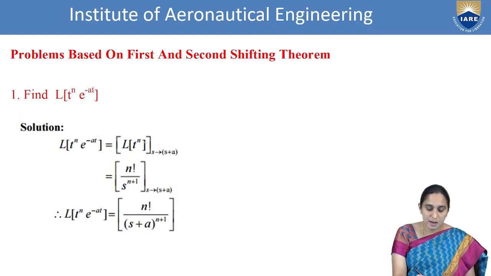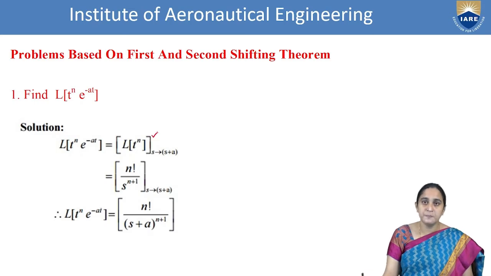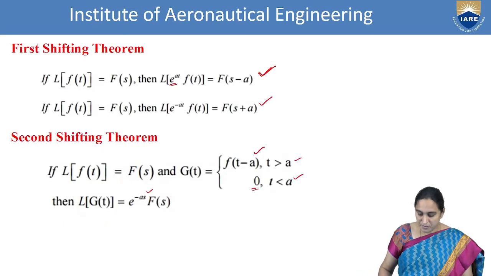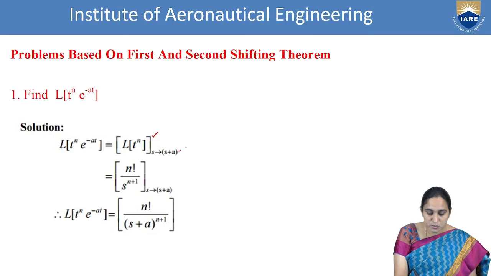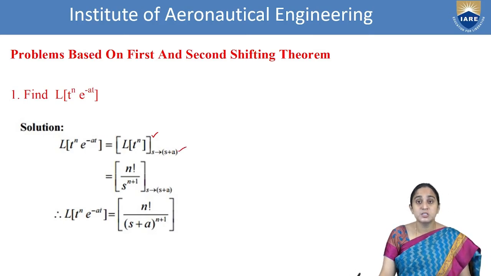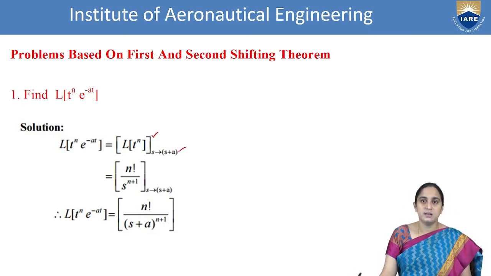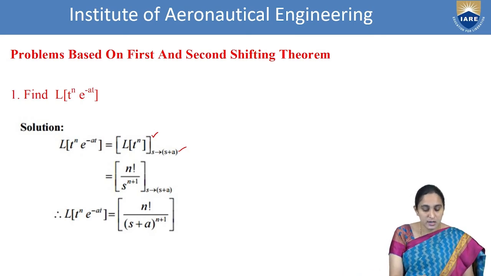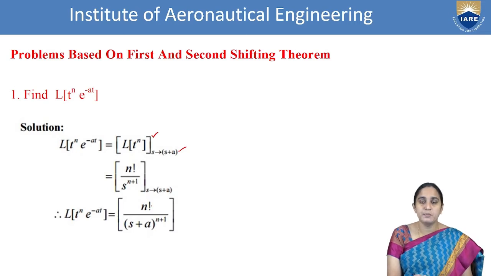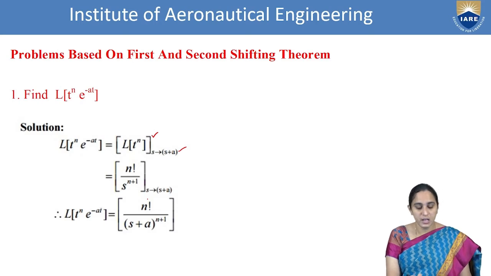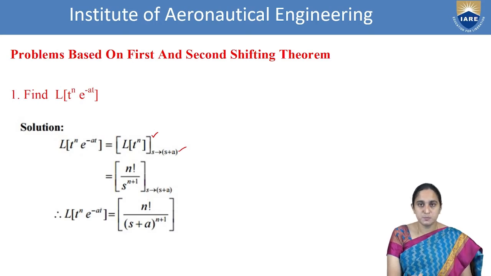In Laplace of t power n, s changes to what? S changes to s plus a. Then the Laplace of t power n formula is n factorial by s power n plus 1, and s will change to s plus a.